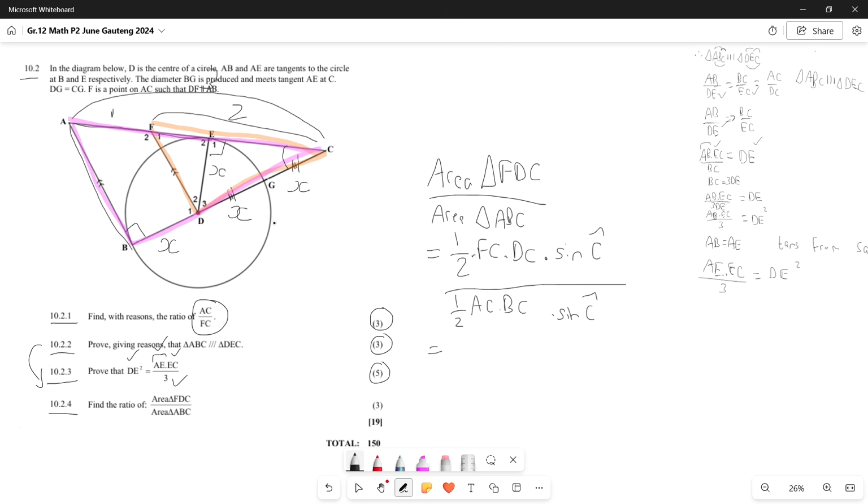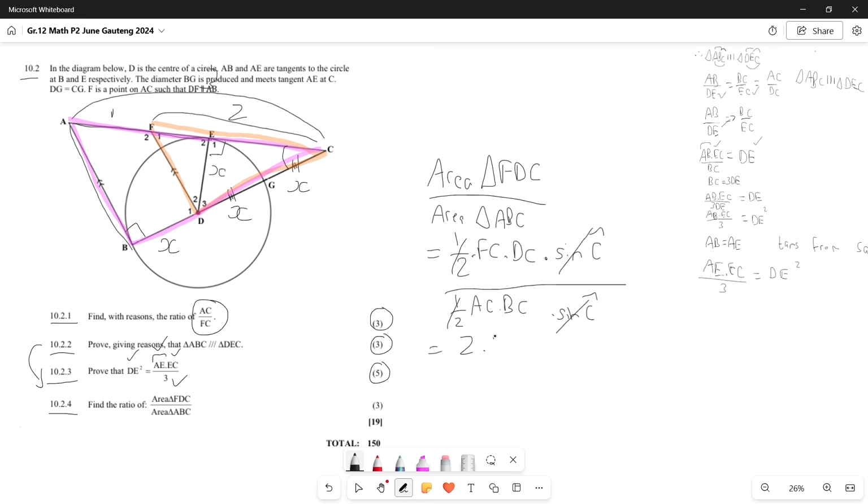which means we can go ahead, cancel our halves, just like we did in the previous proof, cancel our common angle, our sine C over there, and then substitute the values into FC, DC, AC, and BC. So FC's value is 2 over here, as we could see, based on DC also equaling 2, and we have proven prop theorem in triangle BCA over there, which means FC is 2 multiplied by DC, which is 2 or 2x.